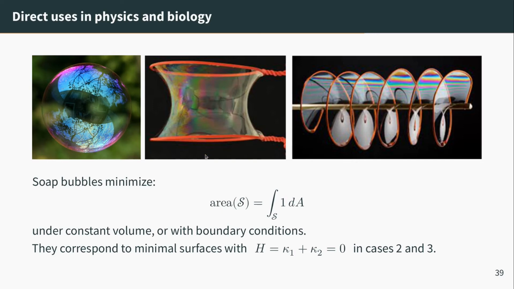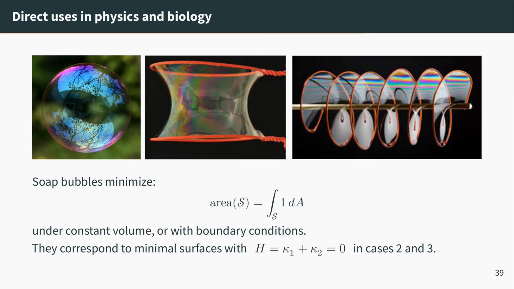But we can add other types of constraints. For instance, this is what happens when you take a wire and put it in soap water, and you get those types of surfaces. Those surfaces are exactly what you get when you try to minimize the area, with the constraint that your surface should have a boundary equal to the 3D positions of your wires.